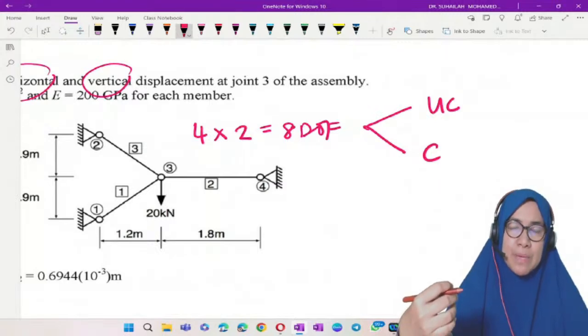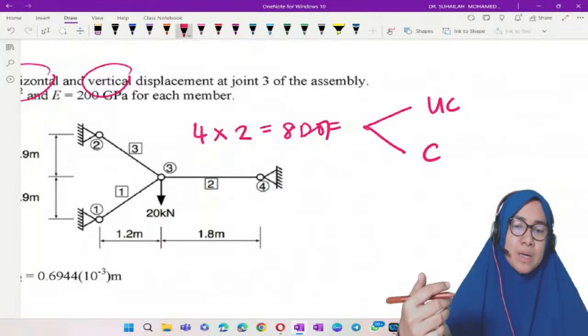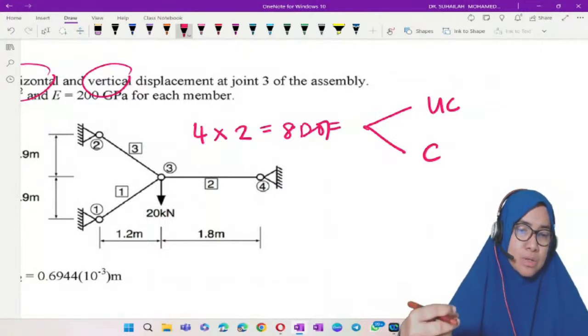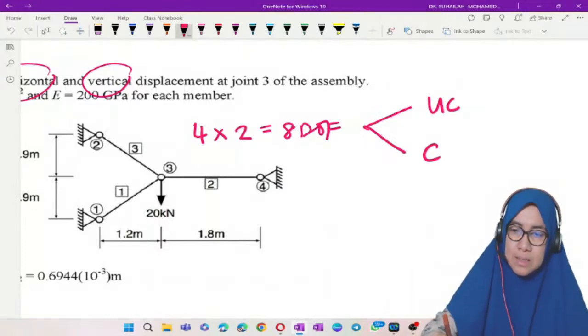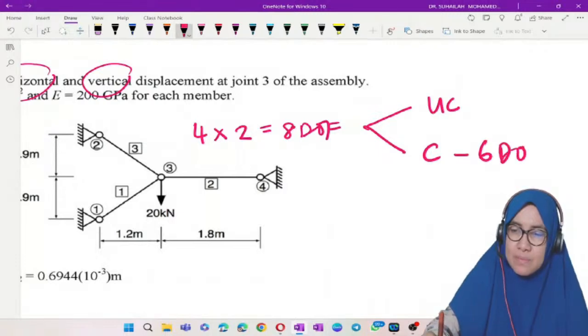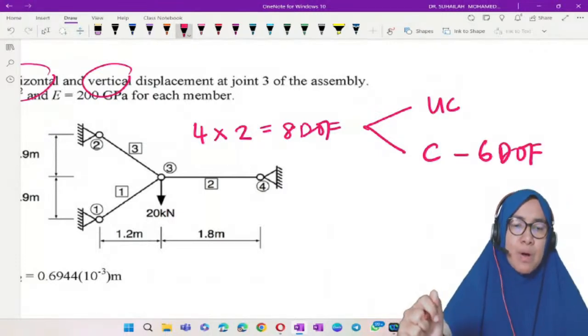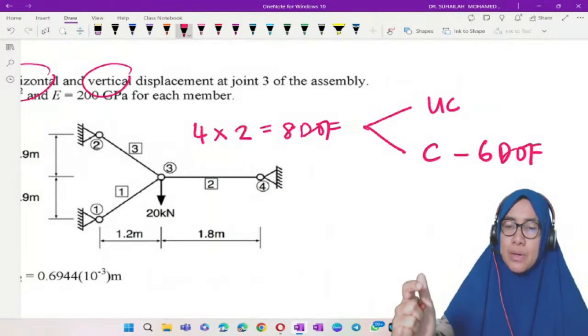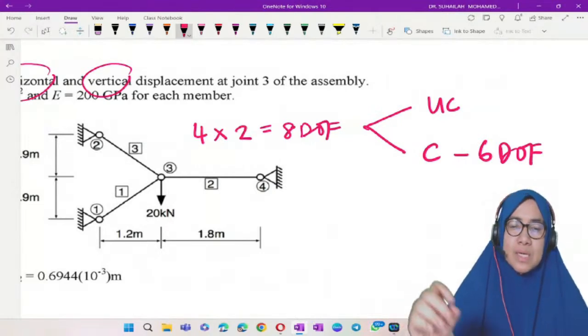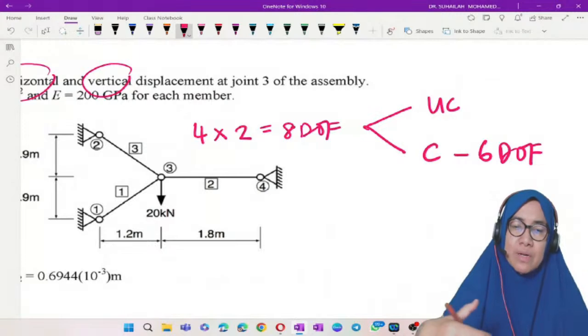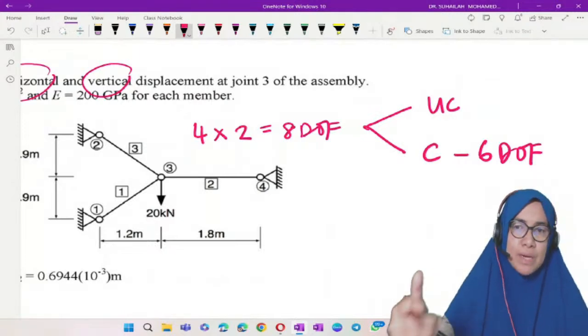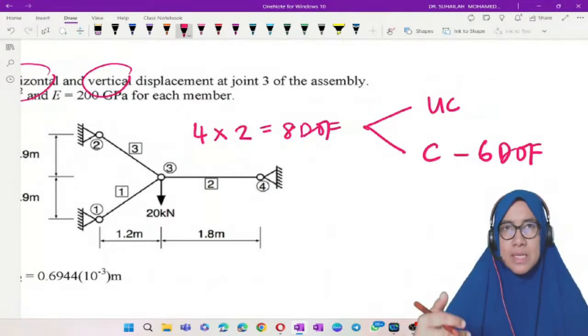There are 3 pin supports, which means there are two per node, so there are 6. So it is 6 degrees of freedom. There are 3 pin supports at node number 1, node number 2, and node number 4. So these 3 pin supports give the truss 6 degrees of freedom under the constrained system.